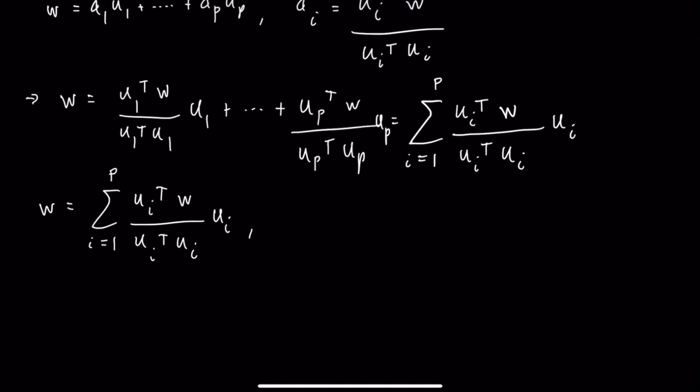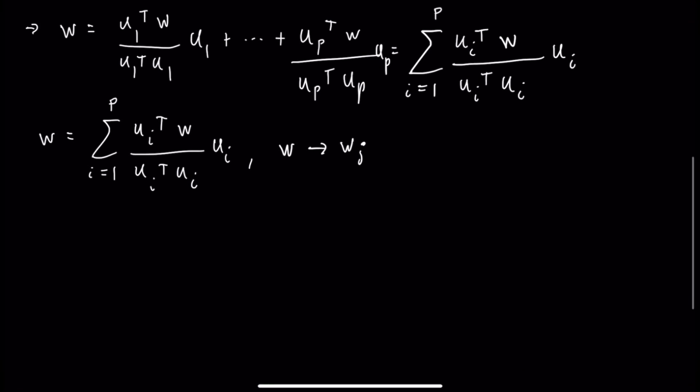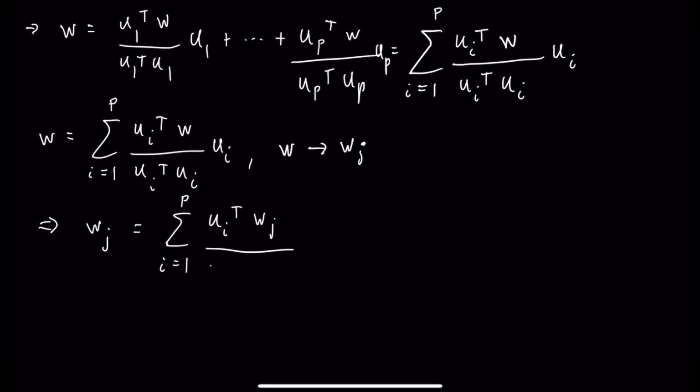Now we're going to let W go to Wj, which is in our set of vectors for our basis. So that means that Wj is the sum from 1 to P of UI transpose Wj over UI transpose UI times UI.